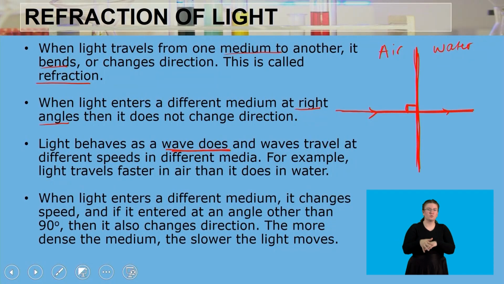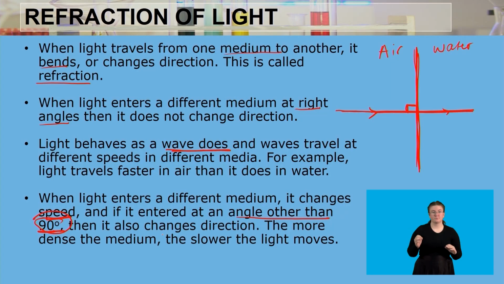So when light enters a different medium, it changes speed, as we have said. When it is moving from air to water, the speed of that light is going to change. Now, if it enters at an angle other than 90 degrees, remember we said if it enters at 90 degrees, the direction doesn't change. However, if it enters at any angle other than 90 degrees, then the direction is also going to change.